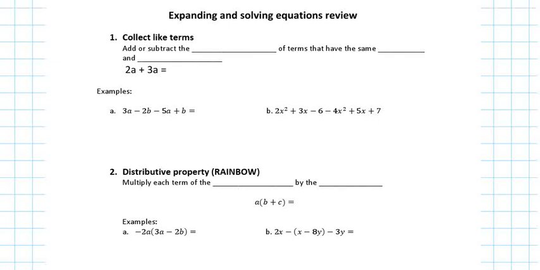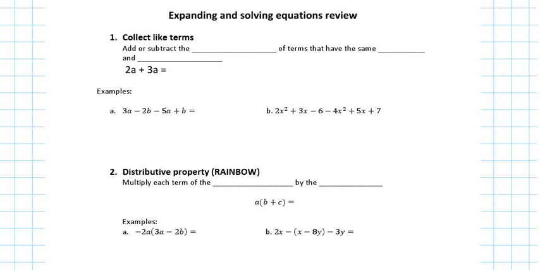Yeah, right, same exponents. They have the same exponent and same variable. Okay, and then what do we do when we're adding and subtracting terms, like terms? What do we add and subtract? The coefficient. Perfect.